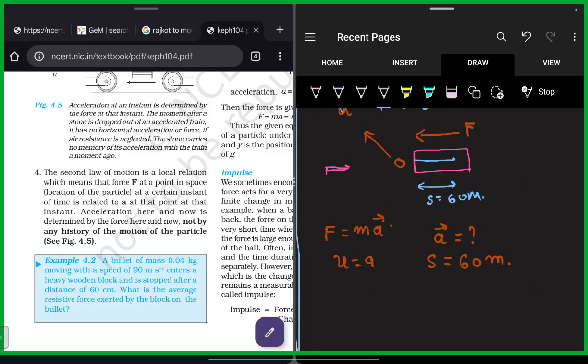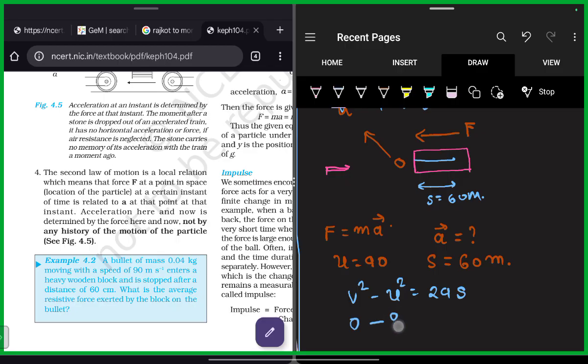So what we can do here, how to find out this acceleration? The equations of motion, kinematics. Very good. From v square minus u square is equal to 2as. The final velocity is 0.